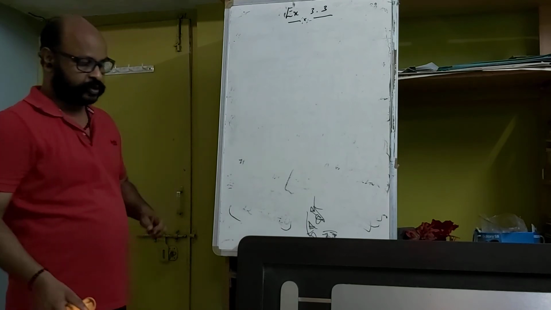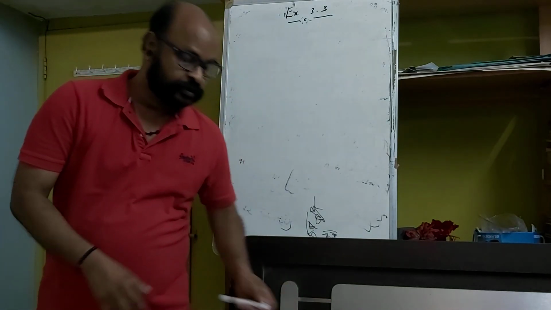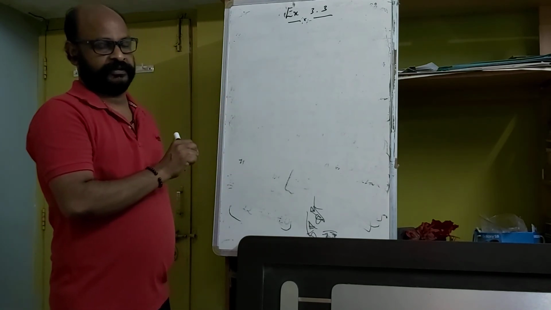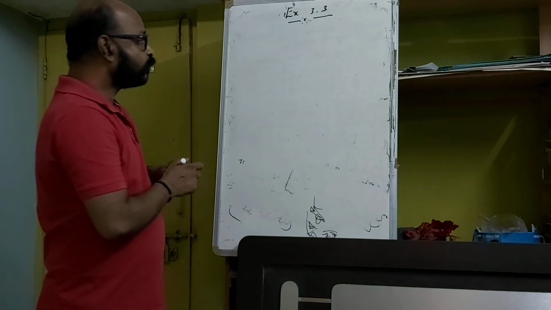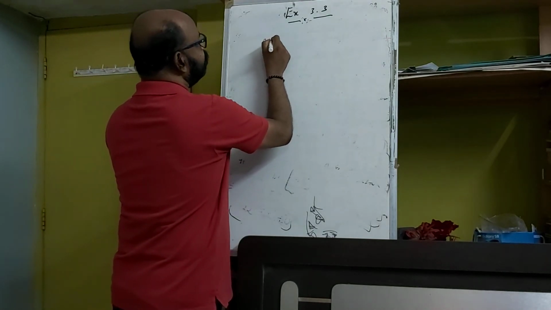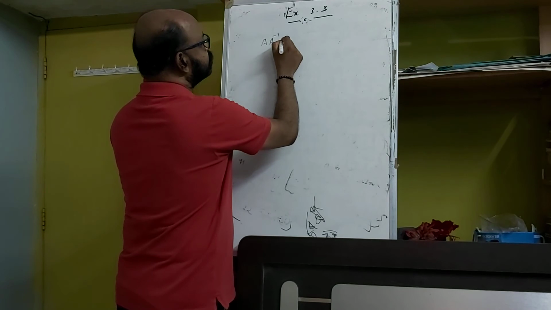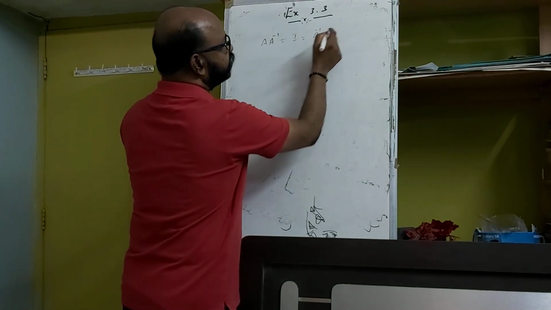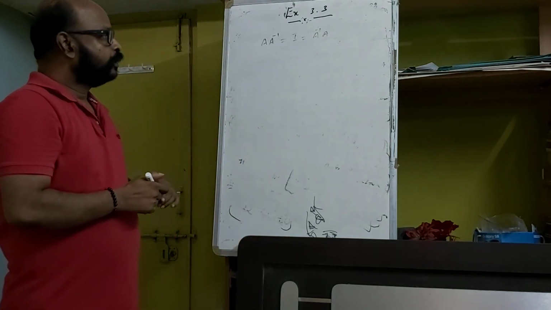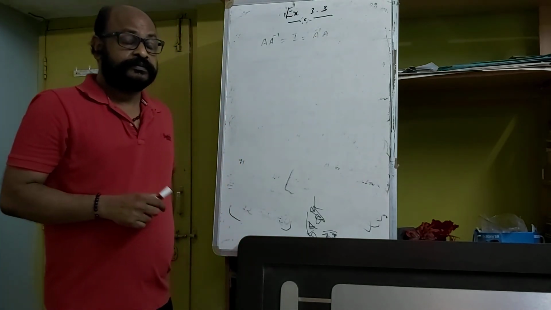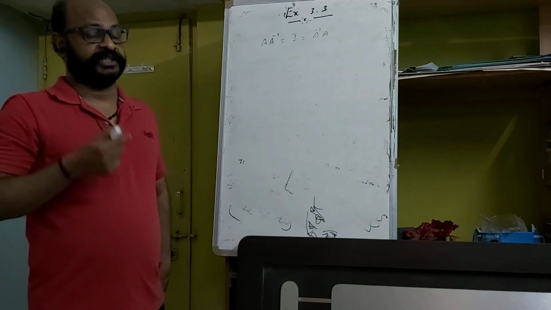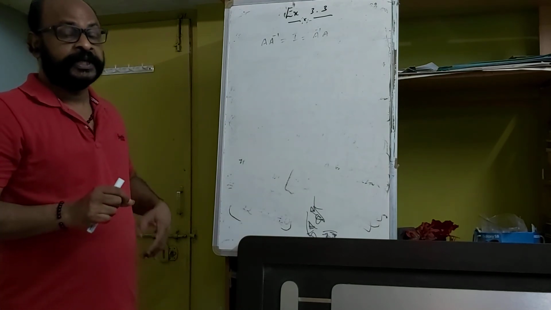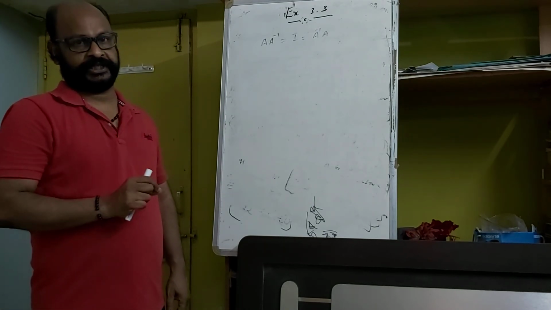Now, the most important property we have noticed is that the product of a matrix A and its inverse A inverse is equal to the identity matrix, and in the reverse order also, A inverse into A. In general, the inverse of a matrix may or may not exist.